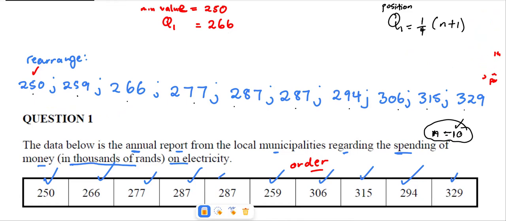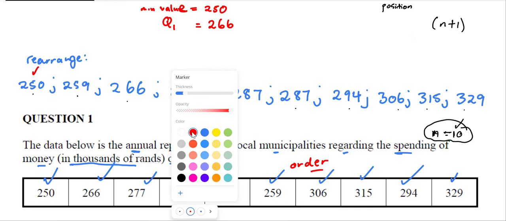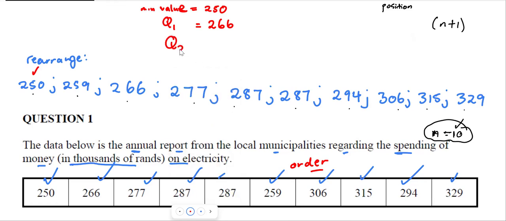All right, so let's look into another part, which is now the median value, the second quarter, which is Q2. So first of all, the position, which is a half of N plus 1, which is 10 plus 1.